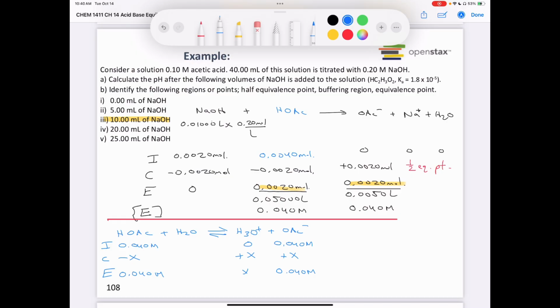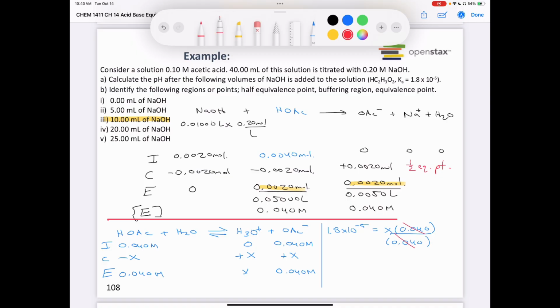When we do our expression for our Ka, we end up with 1.8 times 10 to the negative 5 equal to x multiplied by 0.040 divided by 0.040.